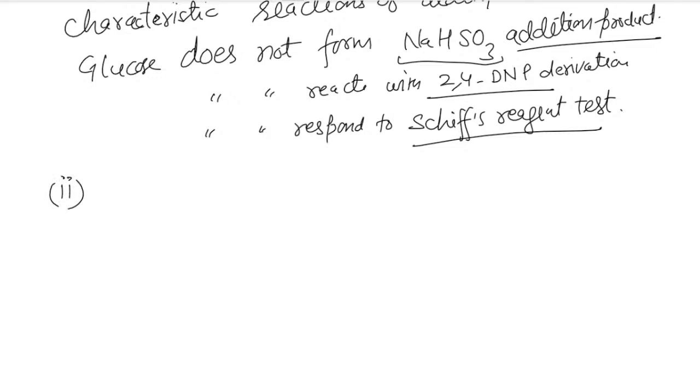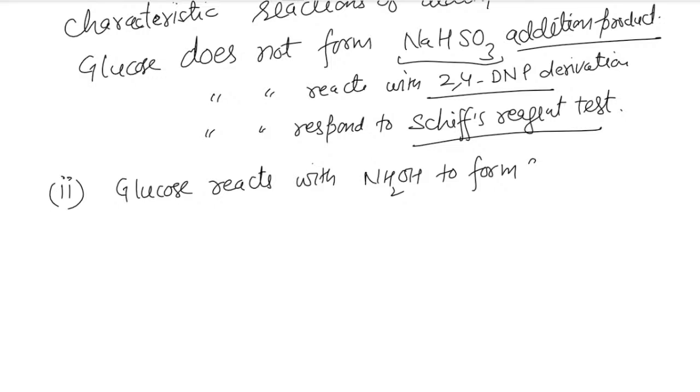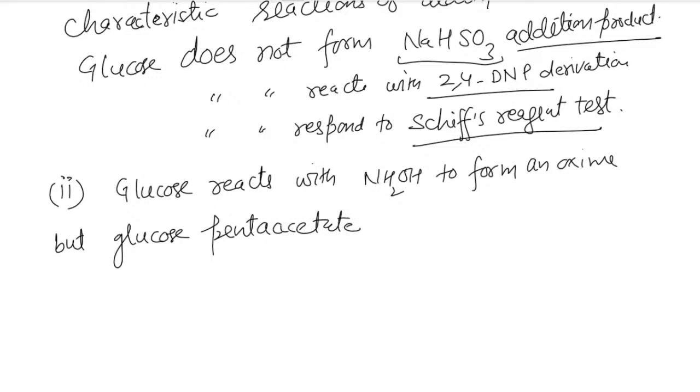So, the second limitation is that glucose reacts with NH2OH to form an oxime, but glucose pentaacetate, which we formed and on that basis showed a free CHO group, does not react with NH2OH.